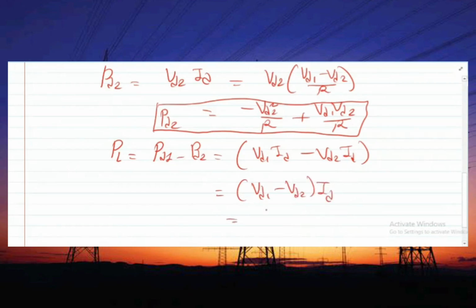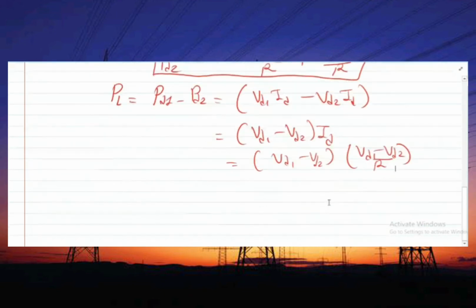Again put the value of ID, which is VD1 minus VD2 divided by R. If we simplify this, we get the power loss PL equal to VD1 minus VD2 whole square divided by R, which is equal to ID square R. So the DC line loss increases with the DC power.